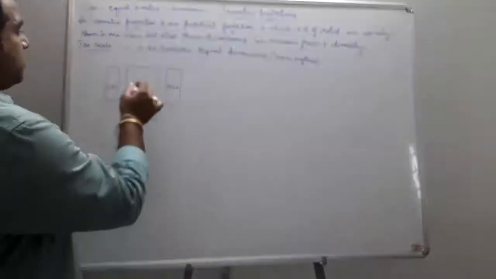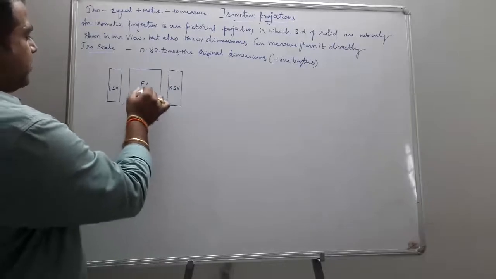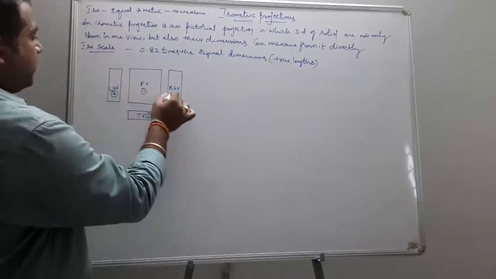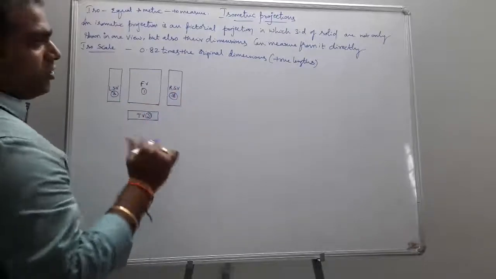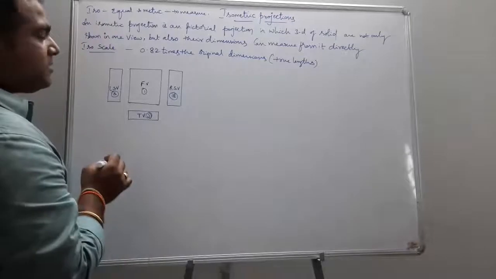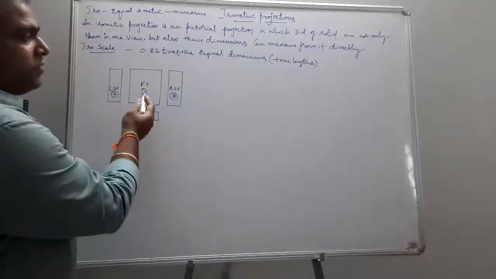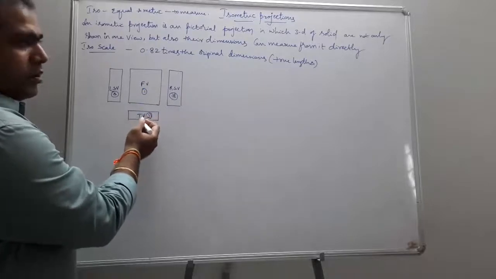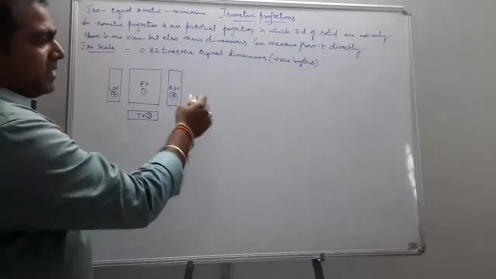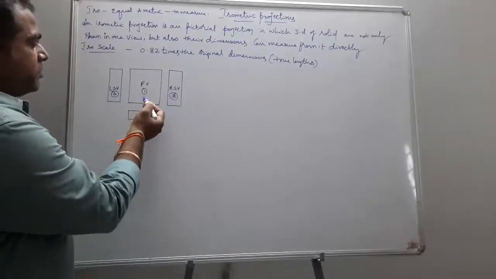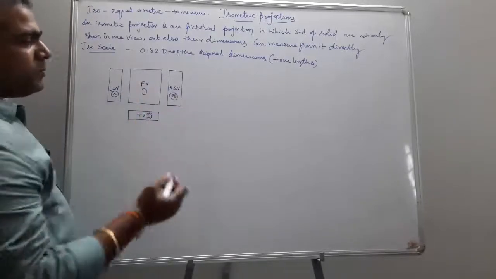So this should be the pattern, 1, 2, 3. Any one of the side views is sufficient. Your front view is seen from the front, and the top view comes below xy. If you draw xy, above xy is the front view and below xy is the top view. Similarly here, beside the front view, obtain the side view.